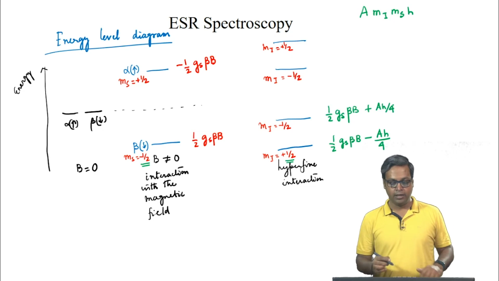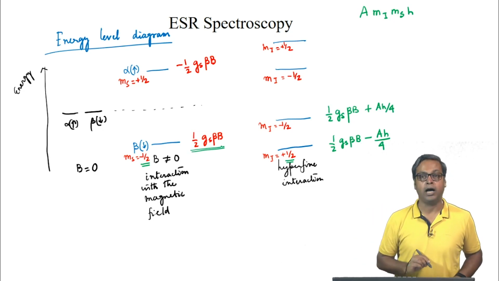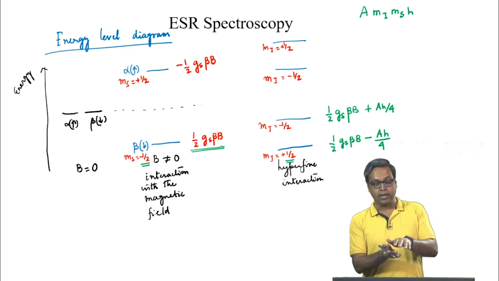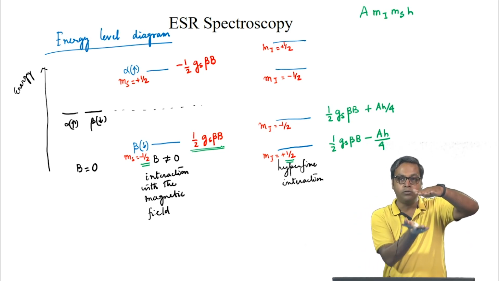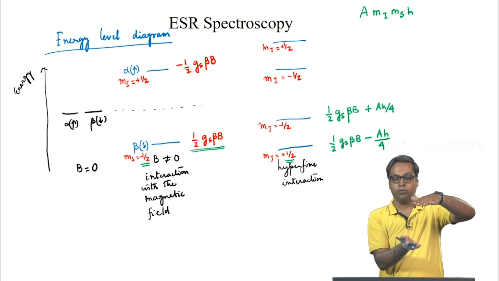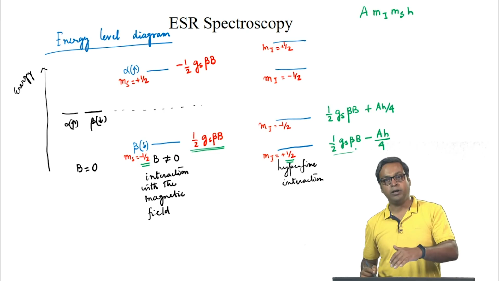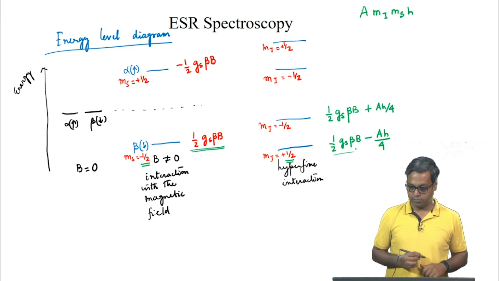So, we can think that we had the energy before the hyperfine interaction, that is half g s beta B, and now it splits. One level goes up by A h by 4 and the other level goes down by A h by 4. So, we have half g s beta B minus A h by 4 and half g s beta B plus A h by 4.